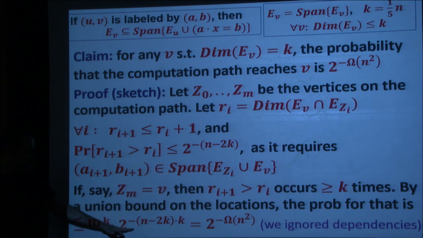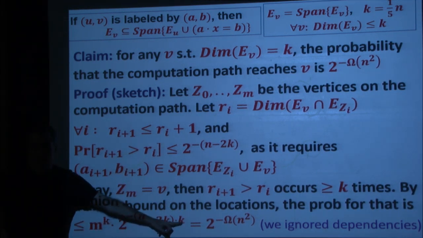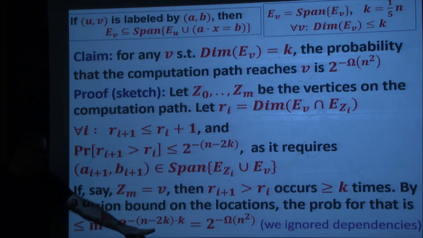Since it's k times, we get a probability of 2 to the minus n minus 2k times k. You still have to take a union bound over m to the k places, but m is 2 to the n times epsilon, so this is small compared to this.